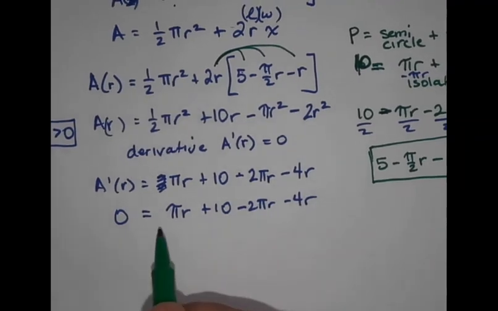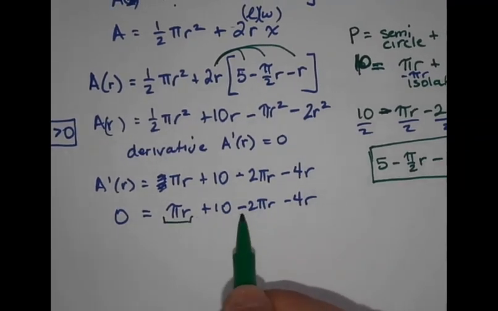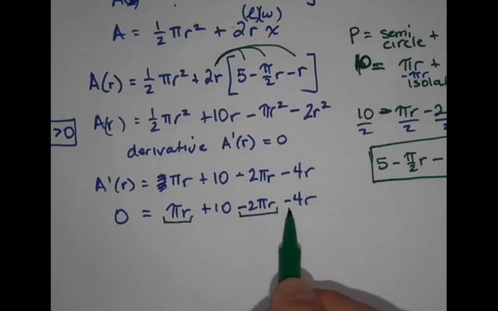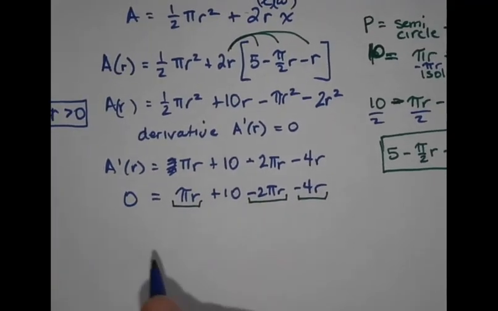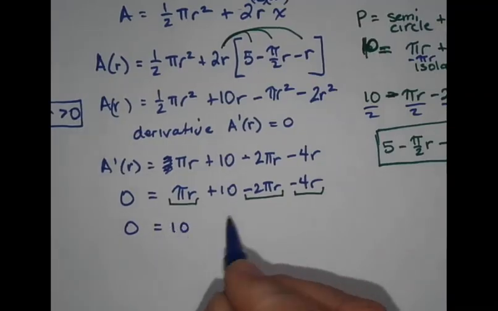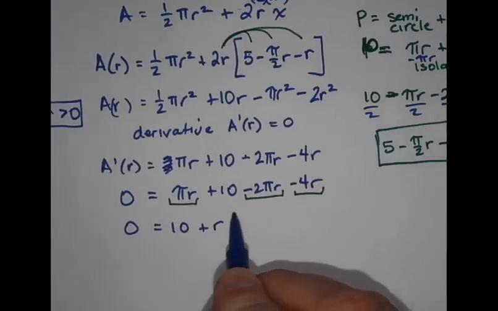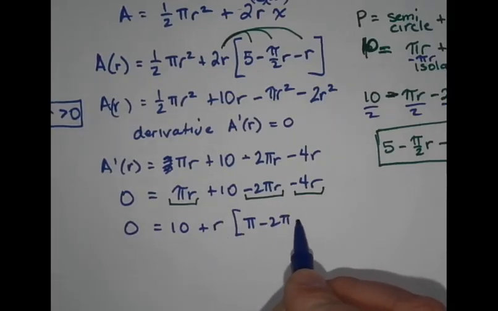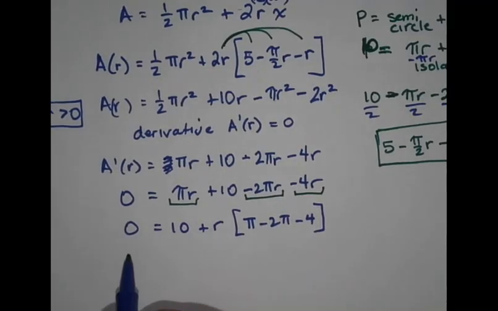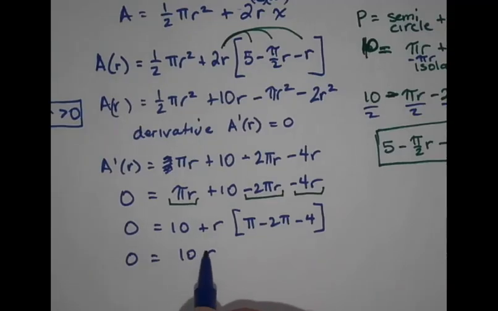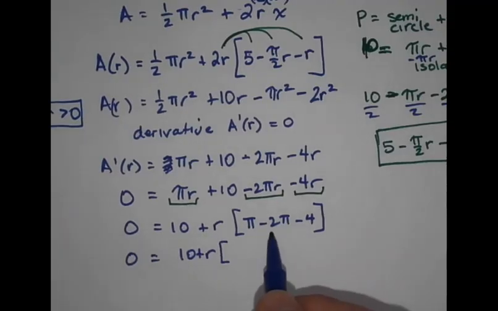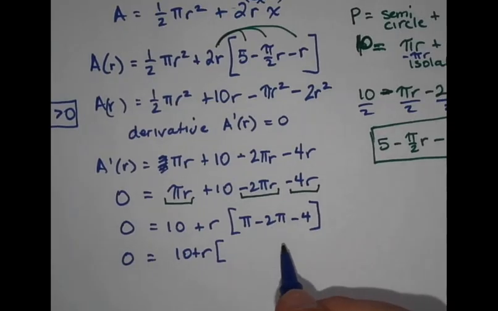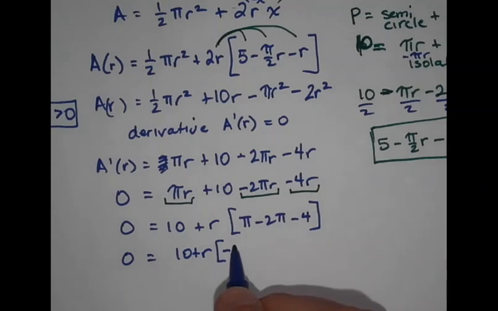What we're going to do is try to collect some like terms. This has an r in it, this has an r in it, this has an r in it. So we're going to group those together. So 10, and then if I take out an r of each of those, pi minus 2 pi minus 4. If I simplify that, that just becomes minus pi minus 4.